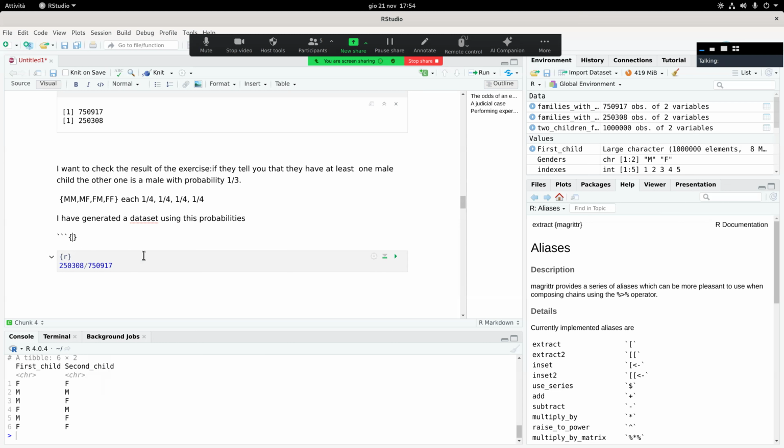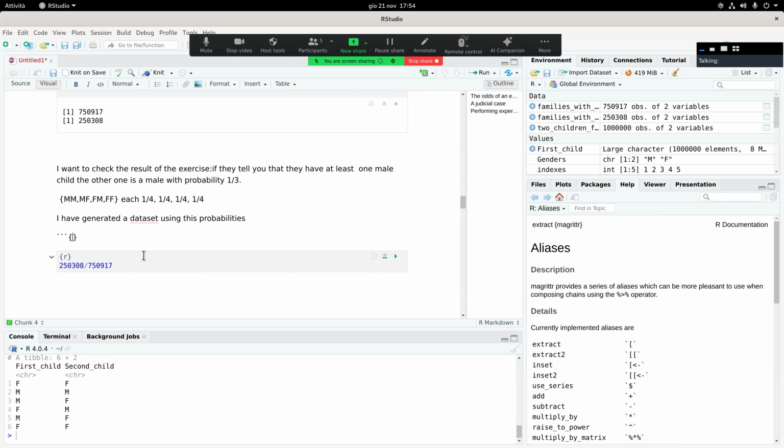So we have to filter, we have to replace the conditions and run this code, and we see that. So let's count the number of rows, the number of families.